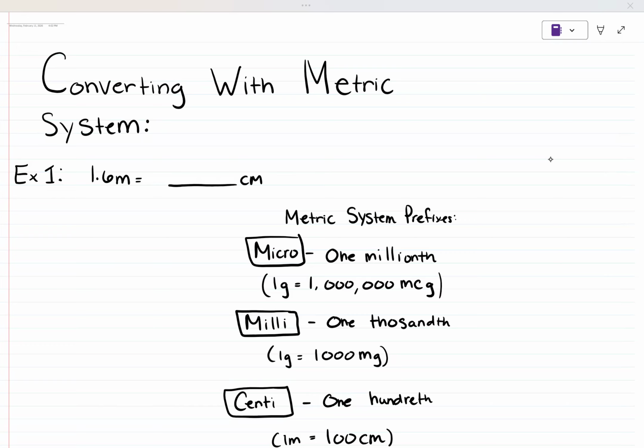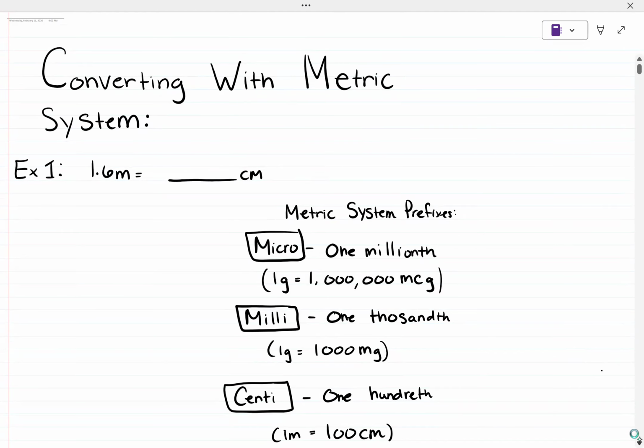Before you start, you need to memorize the metric system prefixes. You can write these down, or you can download the PDF worksheet. If you just copy this down into your notes, you should be fine as well.